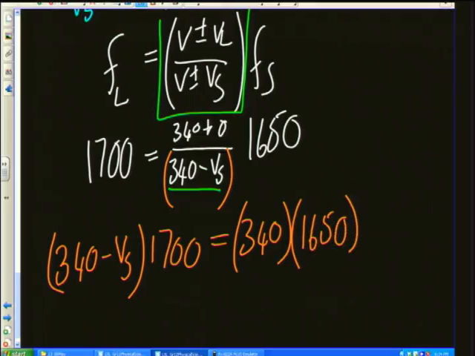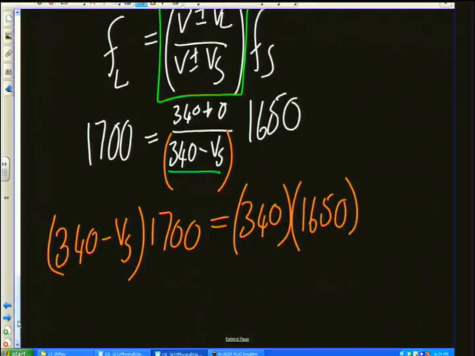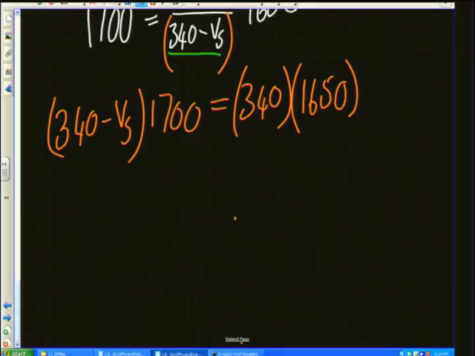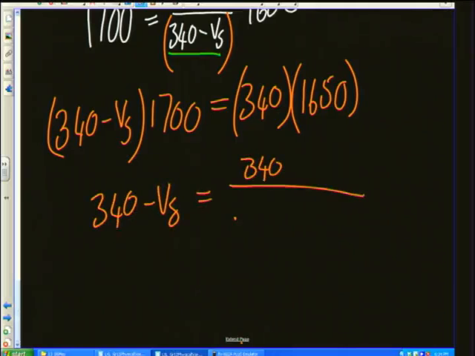Be very careful that you don't make a silly mistake. The next thing you're going to do is 340 minus VS is equal to 340 in brackets times 1650, divided both sides by 1700.